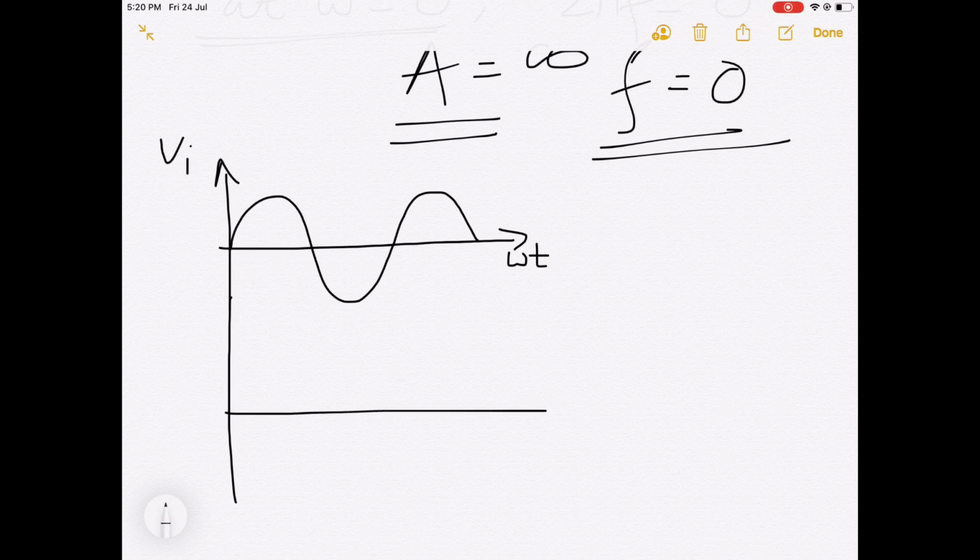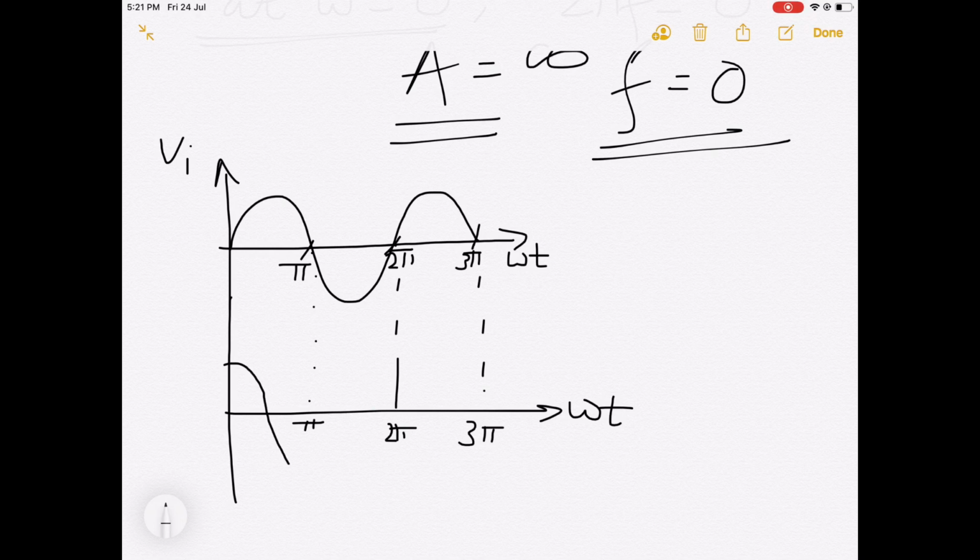So at the output you will get a cosine waveform. Suppose this is pi, this is 2 pi, this is 3 pi. Same you have to see here, pi, 2 pi and 3 pi. For the cosine waveform, your waveform will be like this. So this is the output waveform.